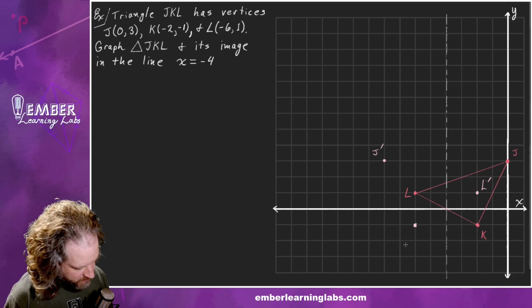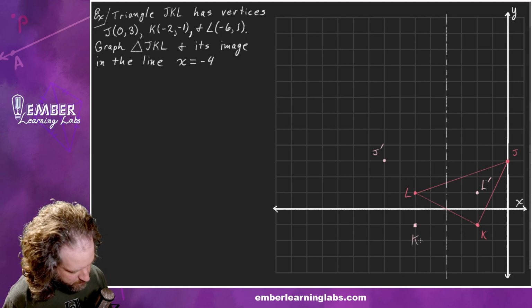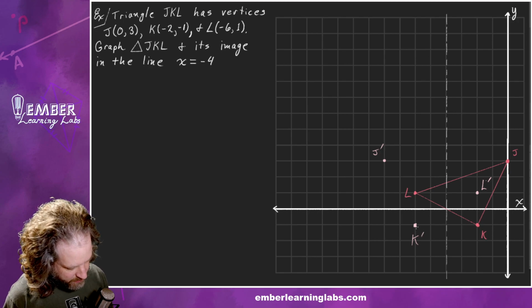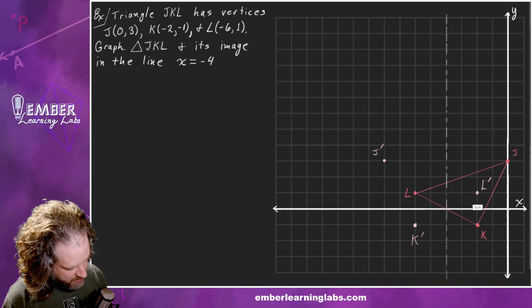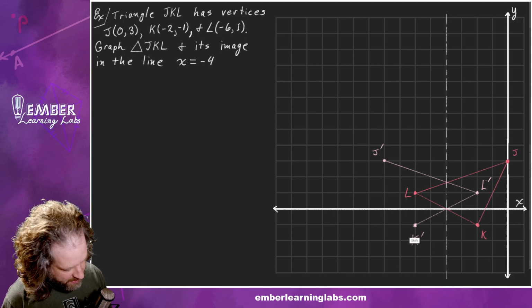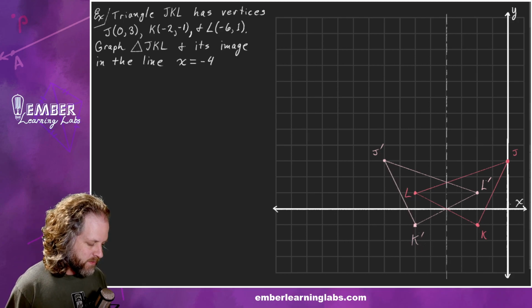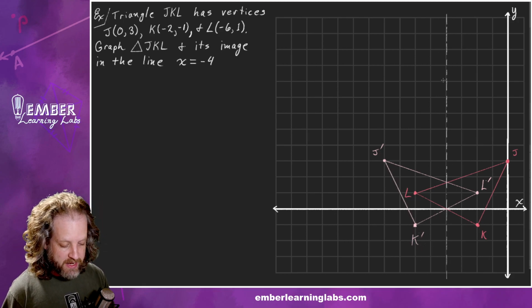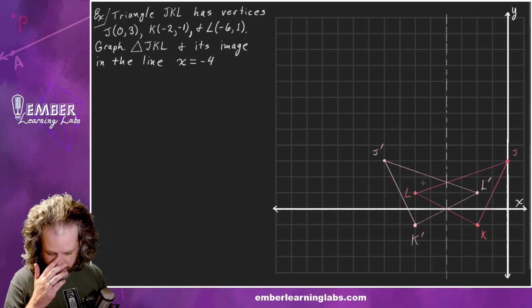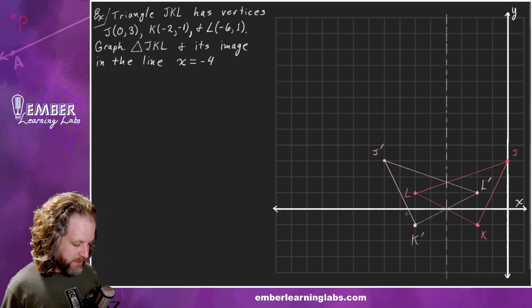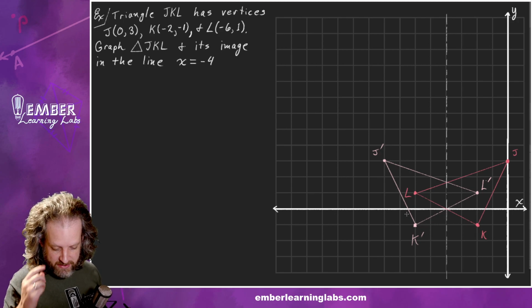All right, so this is K prime. Then we can connect the dots just like we did. So now we have the graph and we have it reflected over the line x equals -4. So there's that type of option. We'll see all kinds of stuff like this in class.